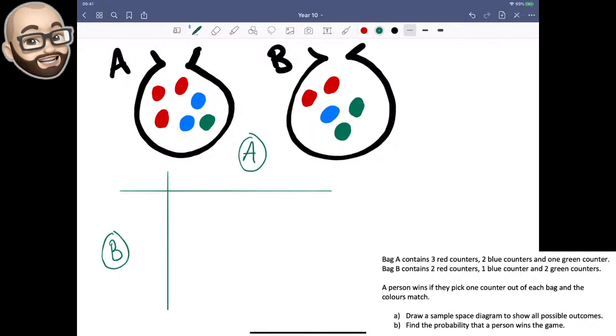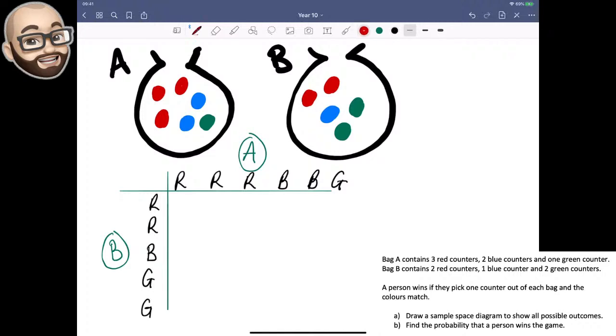Now, the thing we have to remember here is if, like we can see in bag A, we have more than 1 red counter, we need to put more than 1 red along the top. So the things that could happen from bag A is we could get a red, or a red, or a red, or a blue, or a blue, or a green. And then in bag B, what we could get is a red, a blue, a green, or a green.